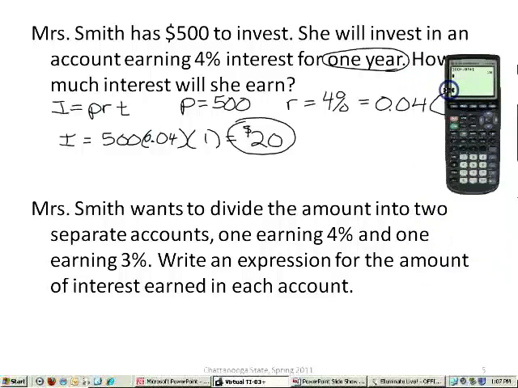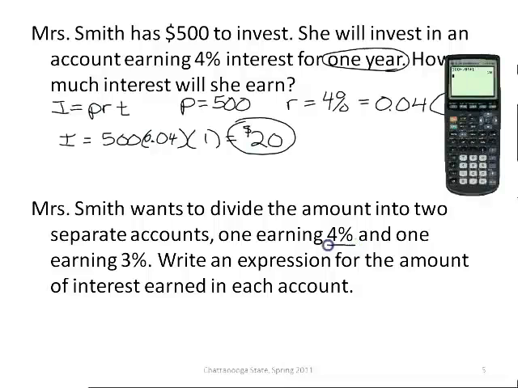Okay, now down here at the bottom, Mrs. Smith wants to divide the amount into 2 separate accounts, where one of them earns a 4% interest rate and one of them earns 3%. Here we're not going to actually find the amount, we're just going to find an expression for the amount.